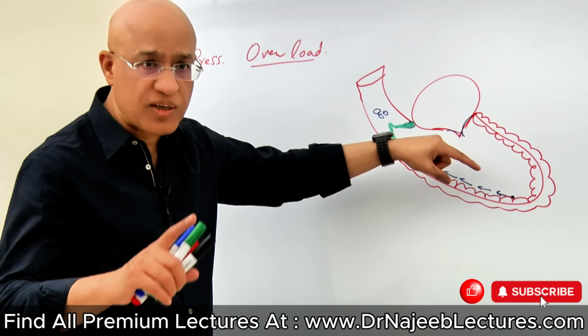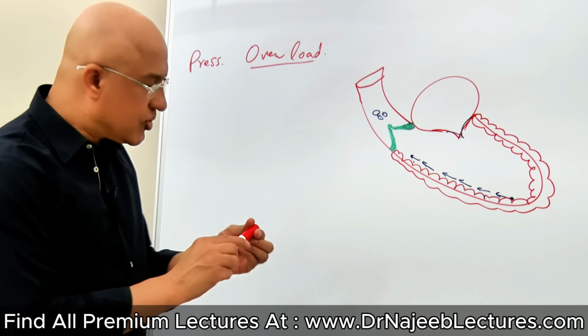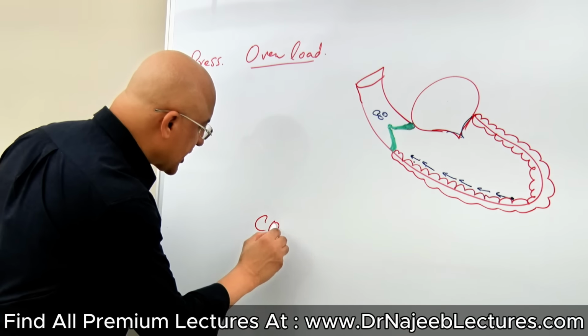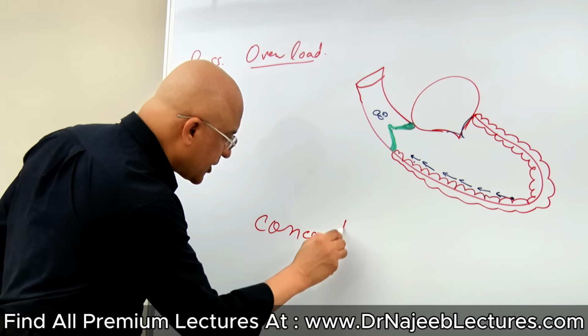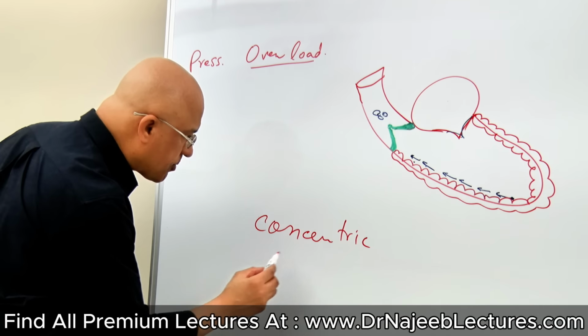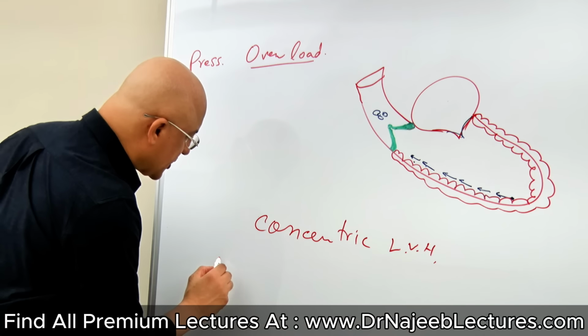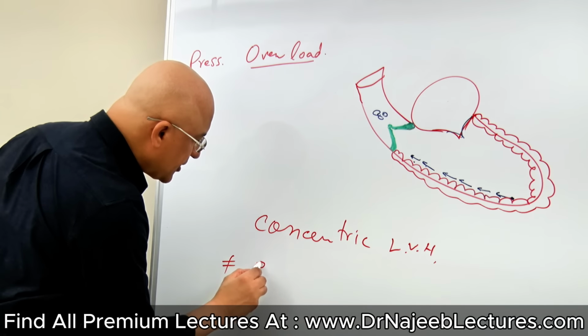This is concentric. Here I want to tell you the difference between concentric and eccentric hypertrophy. Concentric myocardial hypertrophy, or left ventricular hypertrophy, and there is another condition which is eccentric.